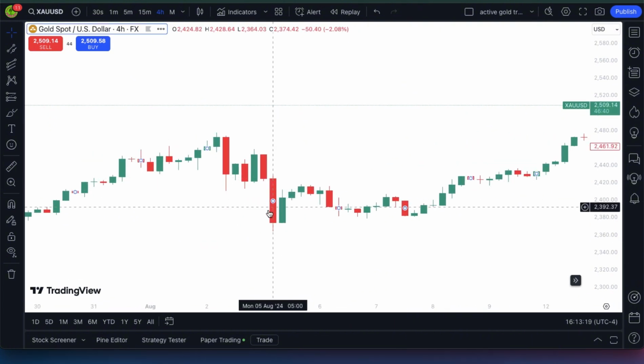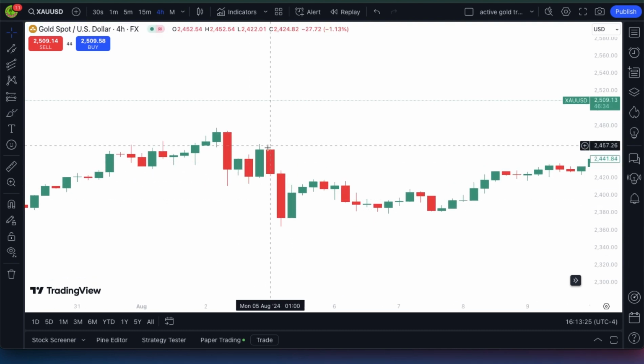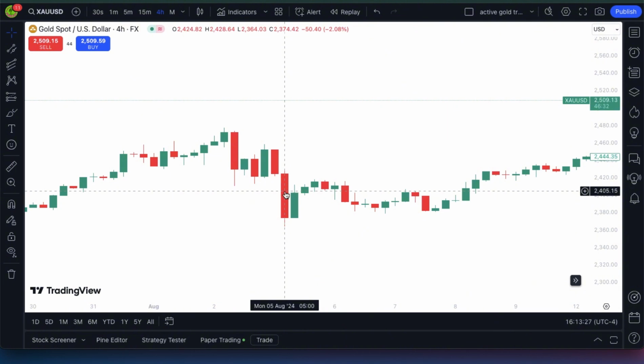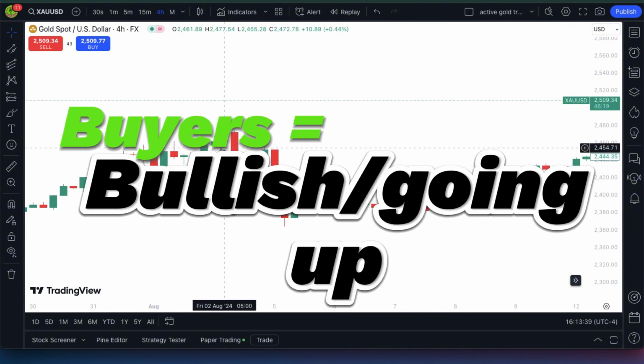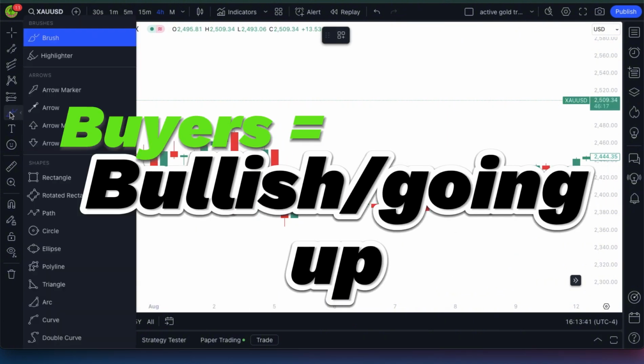the bigger the candle is and the more full the color is, the more volume there is in the market. Red candles mean sellers or selling in the market, meaning the price is going down, and green means the price is going up and there are buyers in the market. Sellers represent a bearish market, if you hear anybody say it, and buyers represent a bullish market.